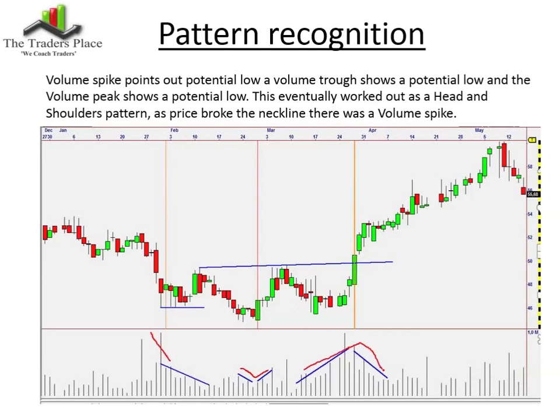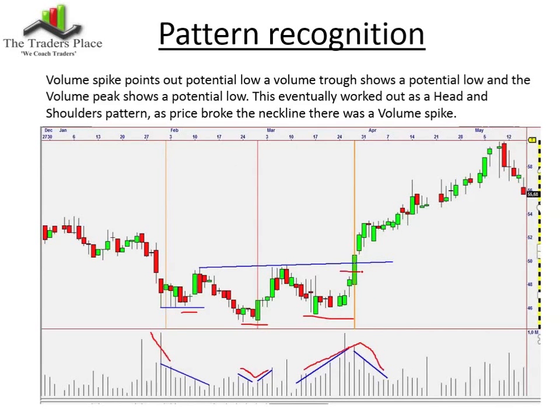Then the market came back and gave us a rather large volume peak, and that gave me the right shoulder, the head, and the left shoulder, confirmed by three volume patterns. That's a really nice trading signal. When you see it, it's really good to make the trade.